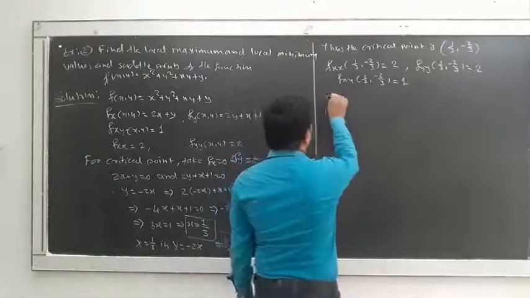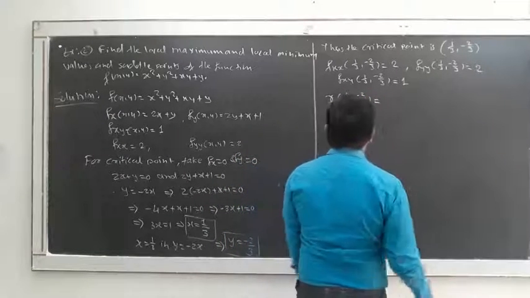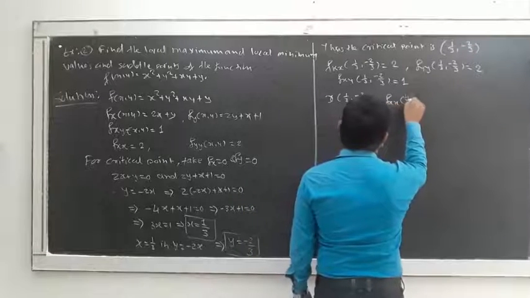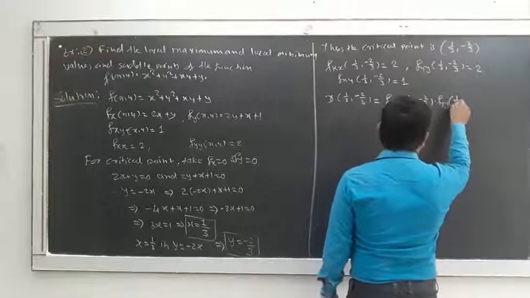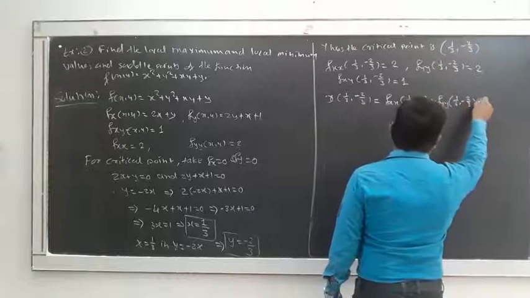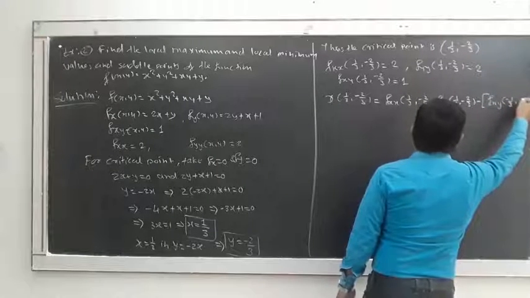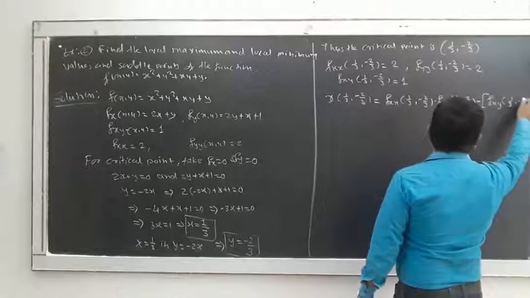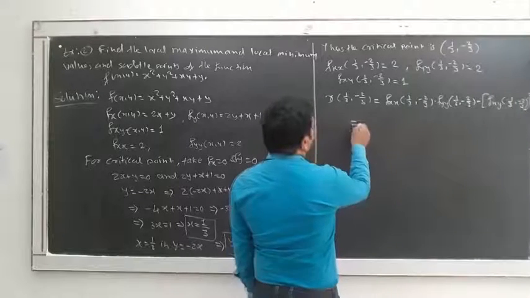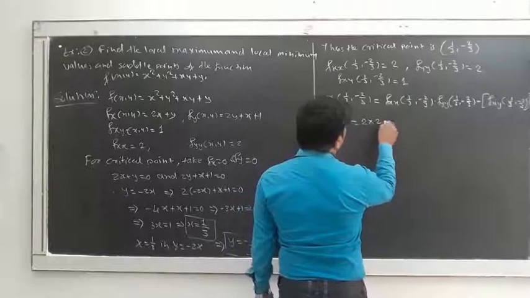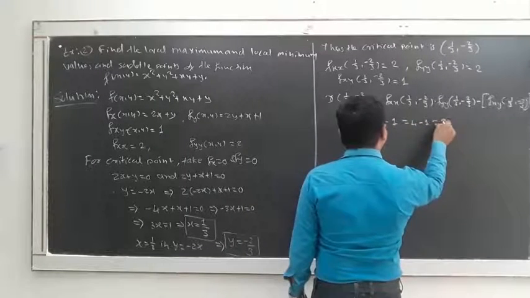So now we have to find D at 1 by 3, minus 2 by 3. Use the formula: fxx at 1 by 3, minus 2 by 3 times fyy at 1 by 3, minus 2 by 3, minus fxy at 1 by 3 and minus 2 by 3 squared, and just put in the values. 2 into 2 minus 1, that is 4 minus 1, which is 3.